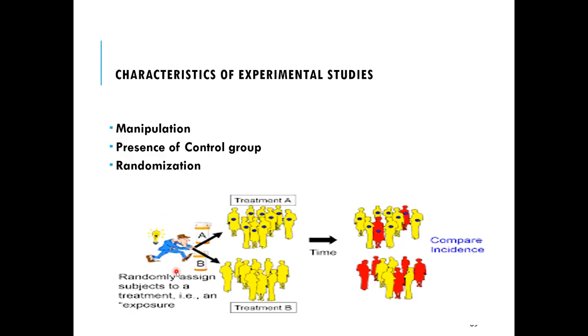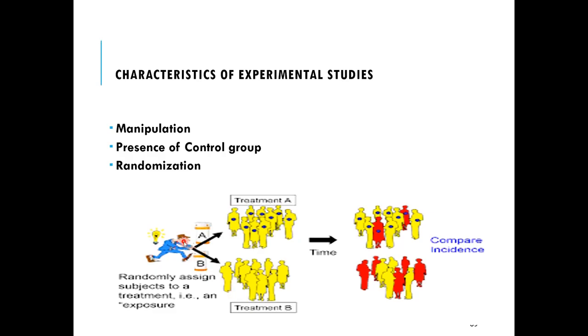For example, there is a disease and the researcher divides them into two groups, and gives treatment A to this group and treatment B to that group, and then moving forward, he will see how many of them have died. So there is a manipulation, which means intervention. There is the presence of control groups in experimental studies.